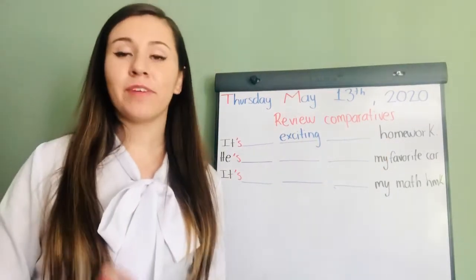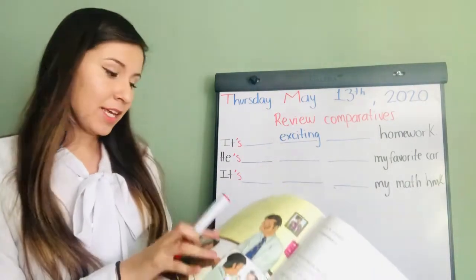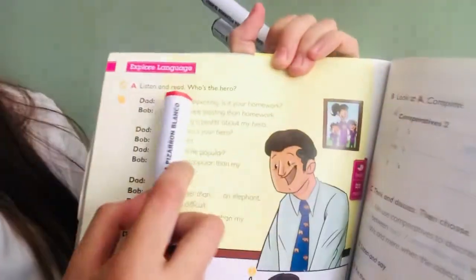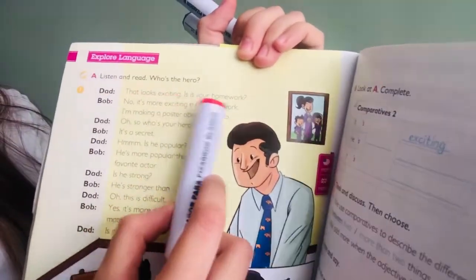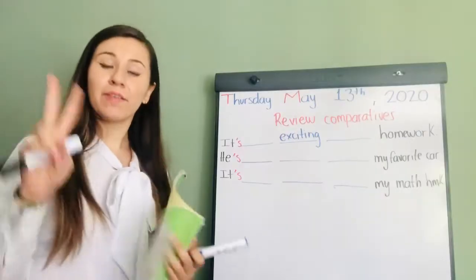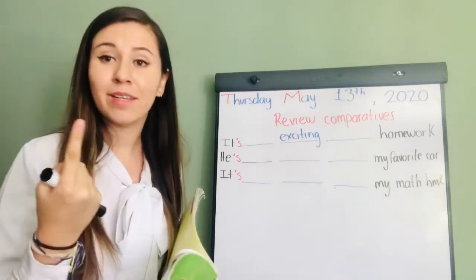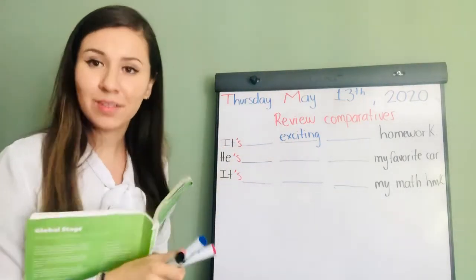First of all, you have to find the word it's. So if you read it carefully, you're gonna find it right away. That looks exciting. Is it your homework? No, it's more exciting than my homework. You see? It's. So we have 2 words and a missing word in the middle. It's exciting. What is the missing word?